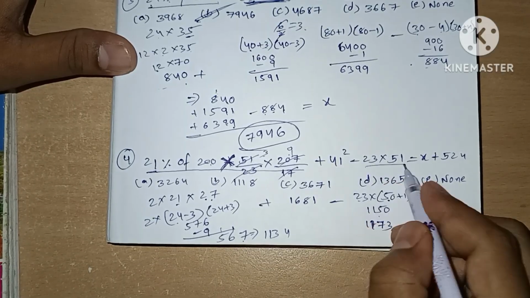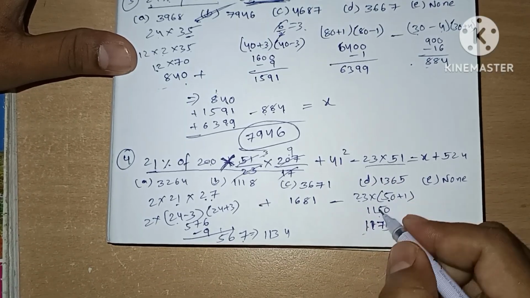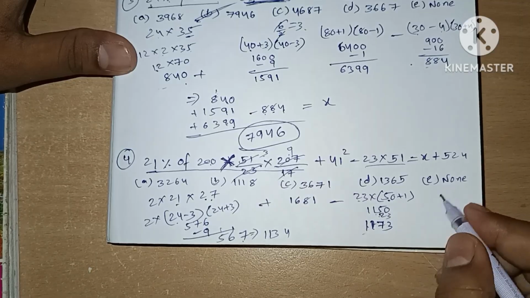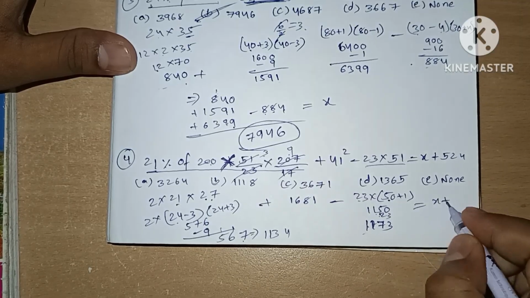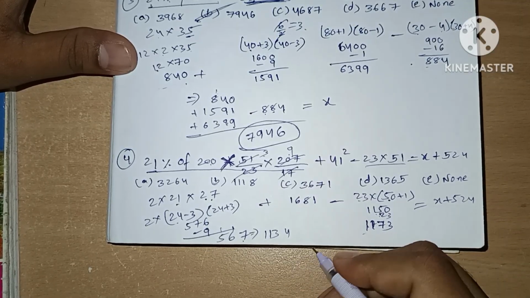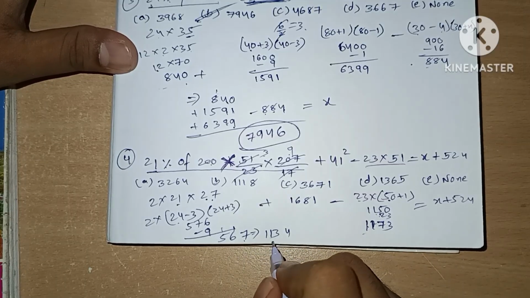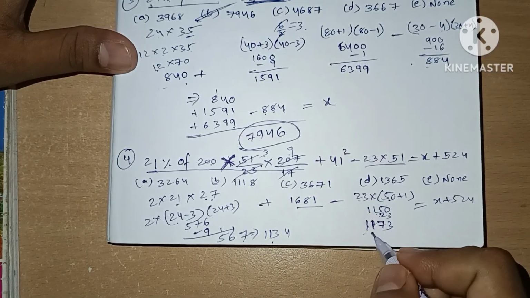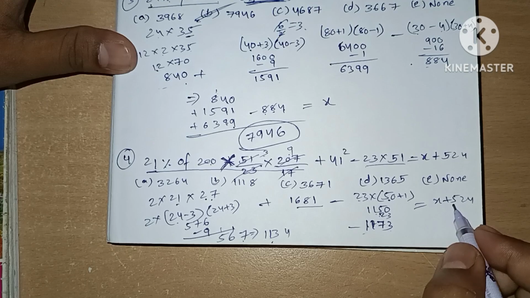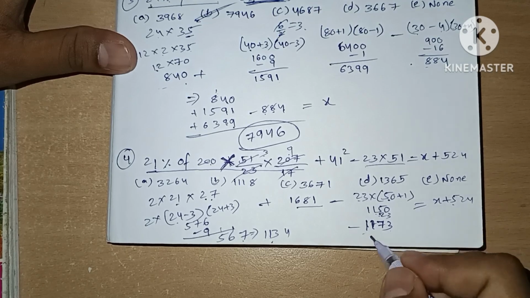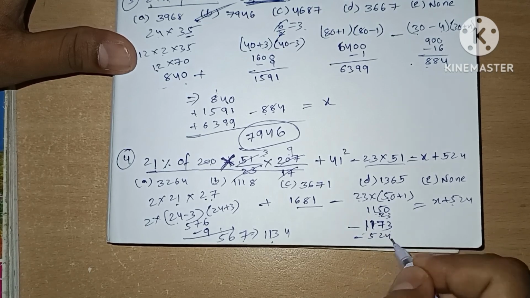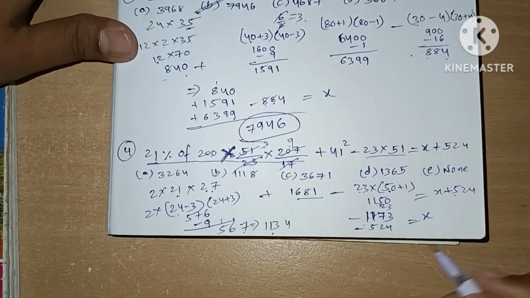So the answer for this one will be 1173 plus equals x plus 524. So altogether we have 1134 plus 1681 minus 1173. This plus 524 comes to this side with minus 524 whole equals x.